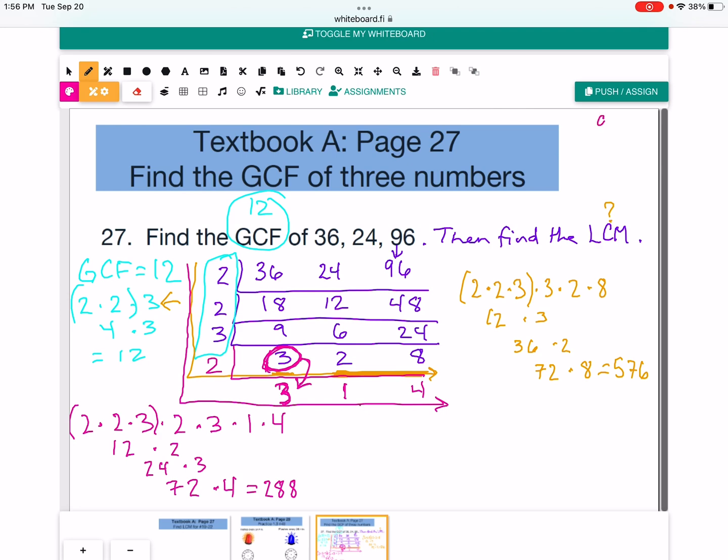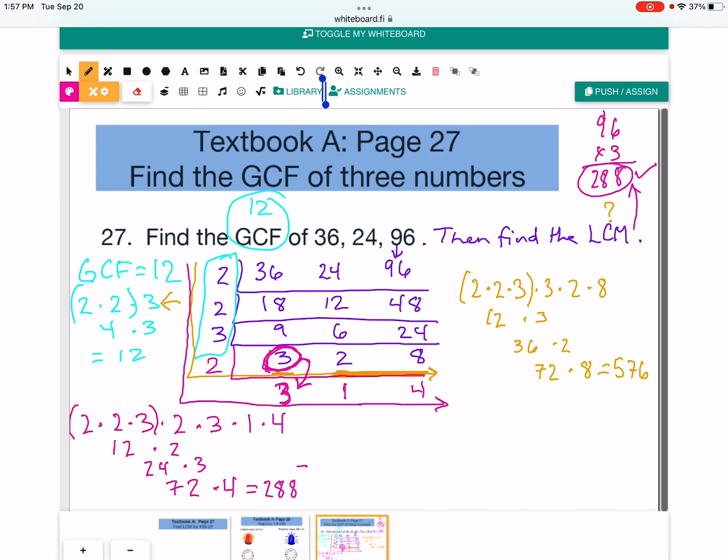What about if I multiply 96 times 3, I should get 288. So 3 times 6 is 18. Bring up the 10. And 3 times 9 tens is 27 tens, plus 1 more 10 is 28 tens. And there we go. It checks. So now I'm saying that the least common multiple is 288.